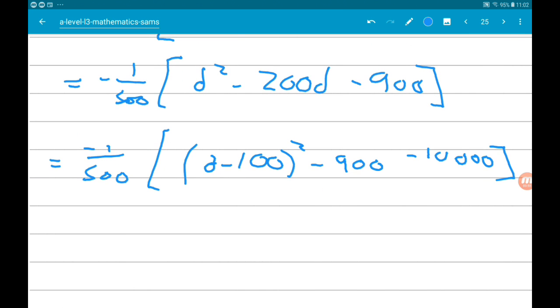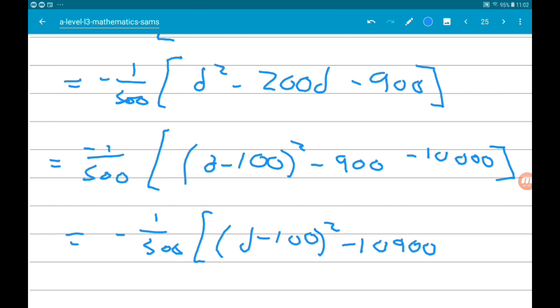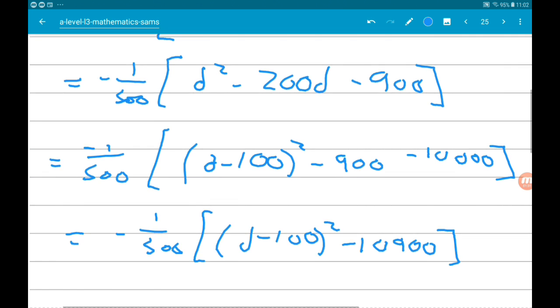So we have minus 1 over 500 times d minus 100 squared minus 10,900. Okay, so what we now need to do is multiply through by the minus 1 over 500.